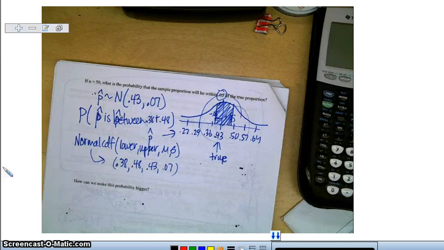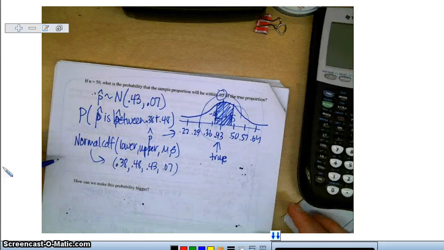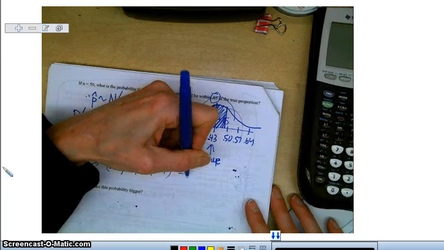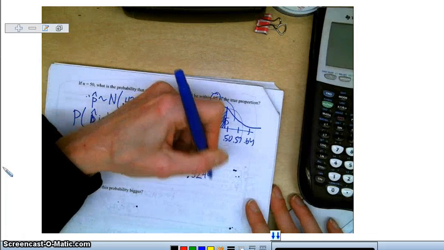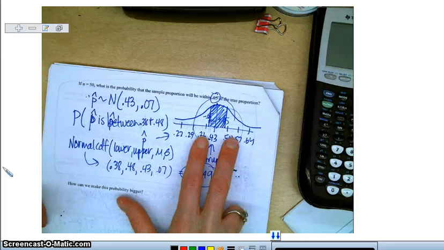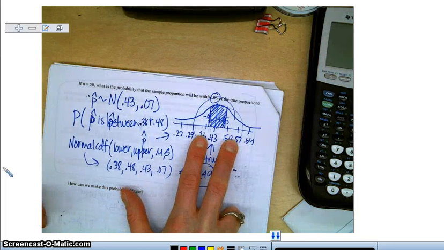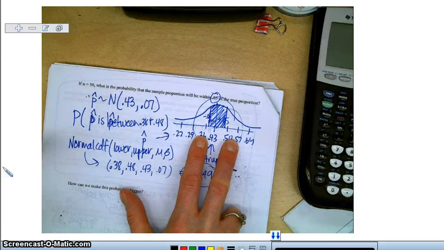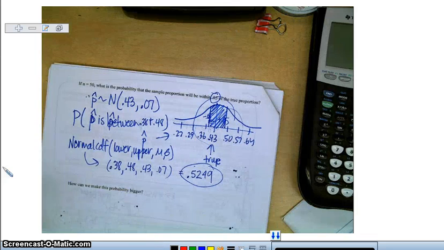The only thing different is you start with proportions and you have to change them to normal. Okay, what do you get? 0.5249. That seems about right because isn't that pretty close to taking up 1 standard deviation above and below? It's a little short, so that would be 68%. So it makes sense that we're less than 68%.